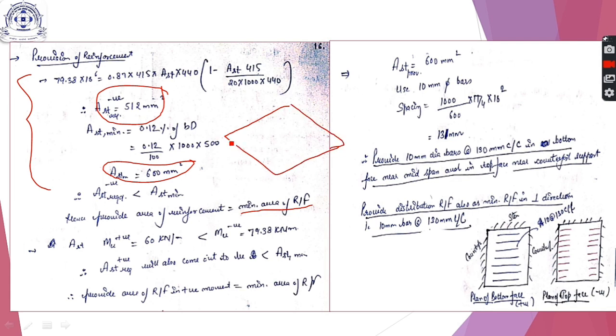If this is your heel slab, this is your counterfort here, and this is also a counterfort here, and this is the stem here. So the reinforcement is designed in such a way that in the bottom face tension will occur in the midspan.